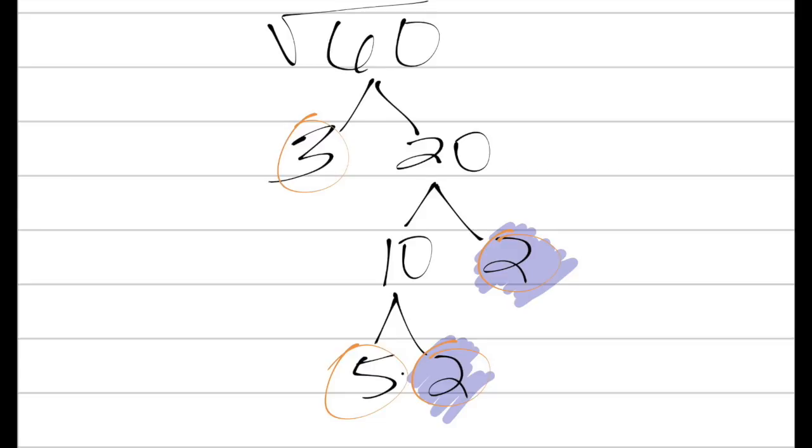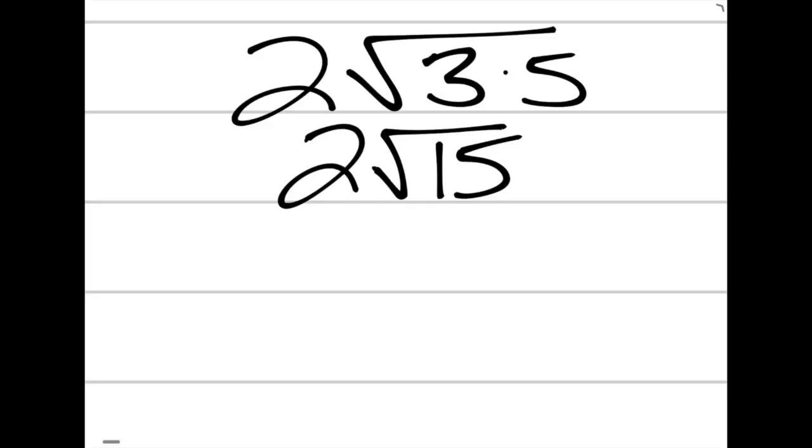So I highlight those 2 2's to remind myself that that number 2 goes on the outside of the square root. So now that I have my 2, representing the pair of 2's, on the outside of the square root, whatever doesn't have a pair stays on the inside of the square root. So I had a 3 and a 5.